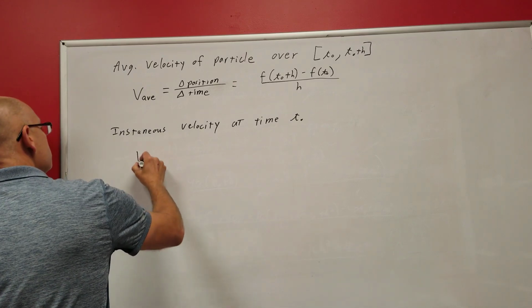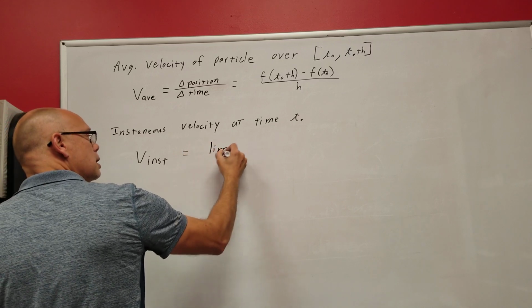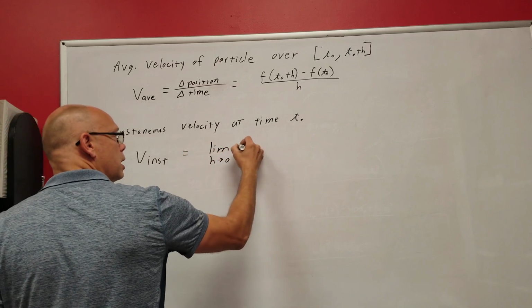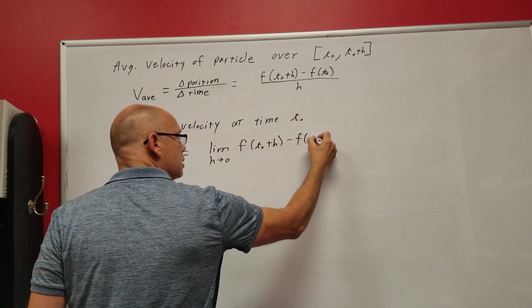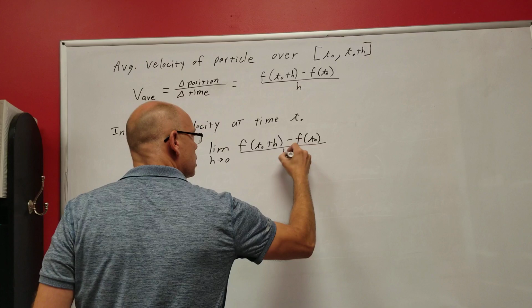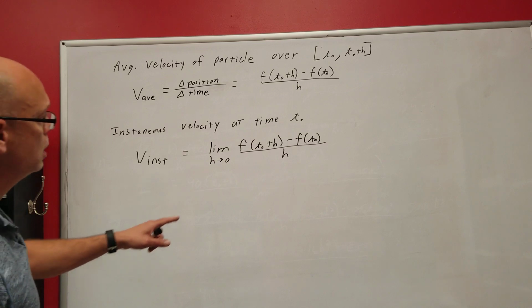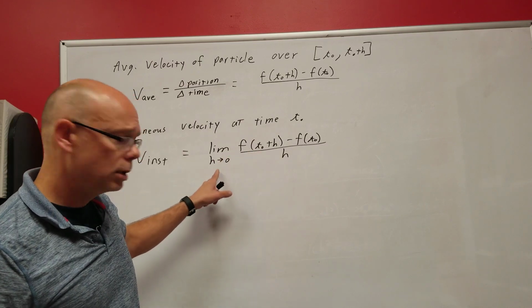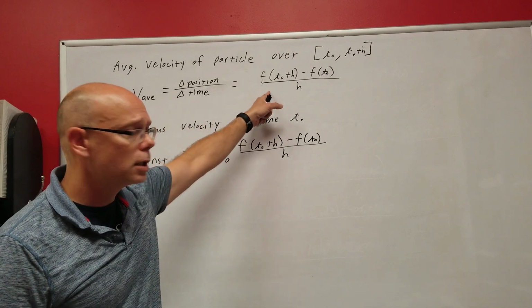It calls it v inst, which is equal to the limit as h approaches 0 of f at t naught plus h minus f at t naught all over h. All right, so what's it saying about the instantaneous velocity? It's saying the instantaneous velocity is your difference quotient with the limit. It's saying your average velocity is just the difference quotient.